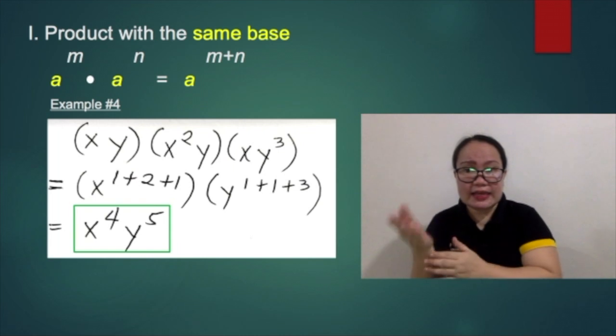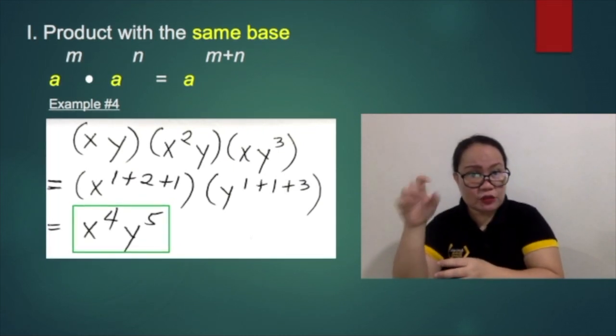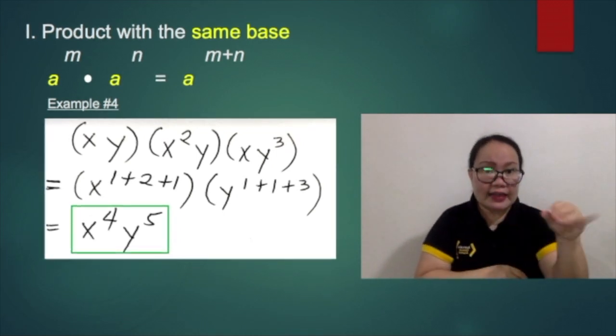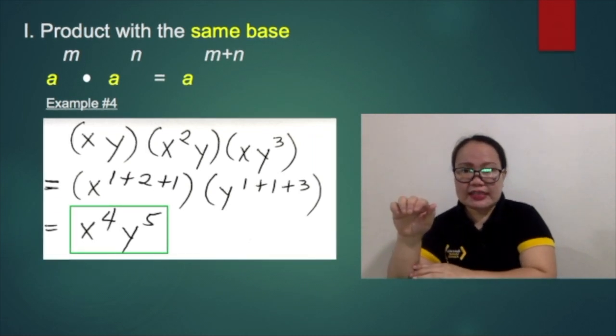So in this case, you can only add the exponents of x and x, and the exponents of y and y.